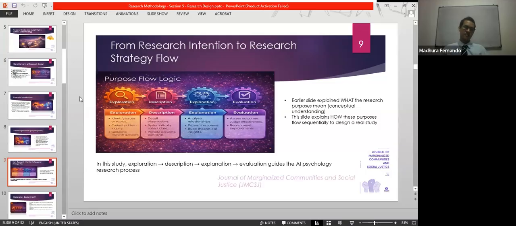First level is exploration. Now, when you improve your awareness further, you come to this description level, and further awareness will move you to the explanation phase, and further awareness moves you towards the evaluation phase. That is how this happens. Okay.